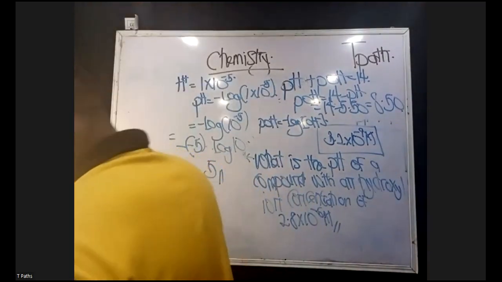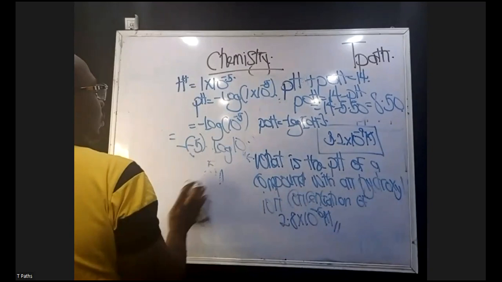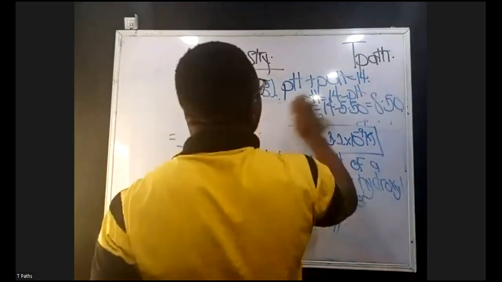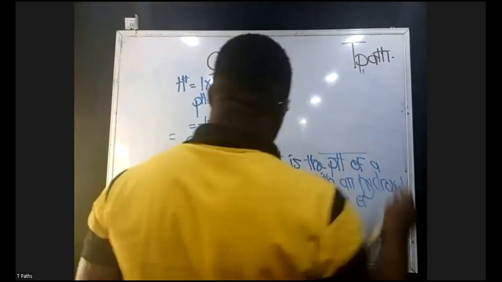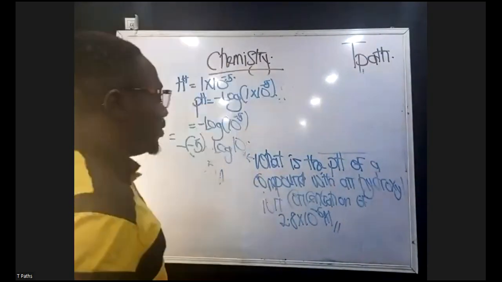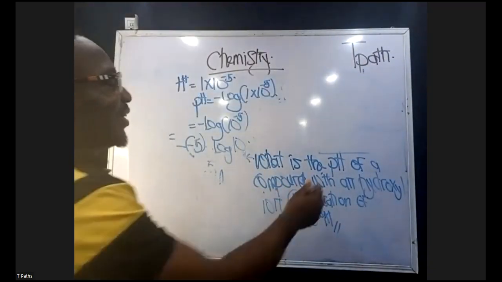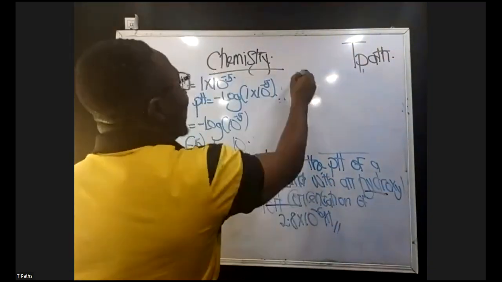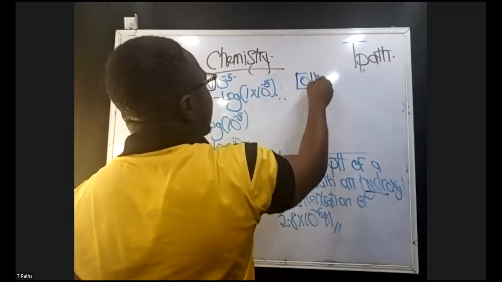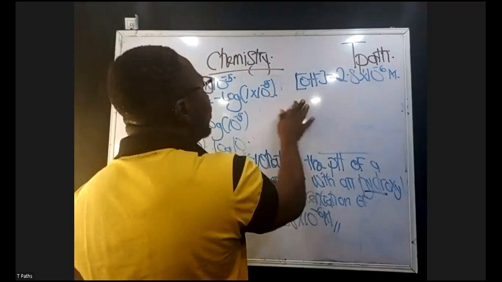Let's try this question together. We're told: what is the pH of a compound with a hydroxyl ion concentration of 2.8 times 10 raised to the power minus 6 molar? Now we are given the hydroxyl ion, so OH minus is 2.8 times 10 to the minus 6 molar. The only thing you can get from OH is pOH.